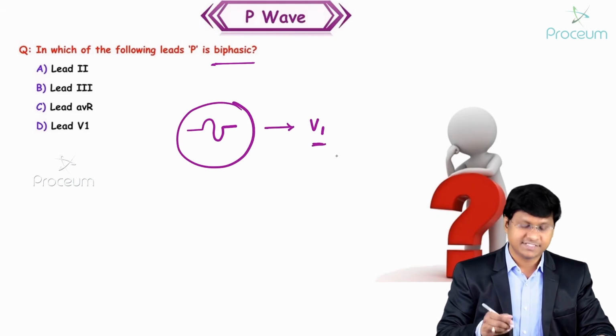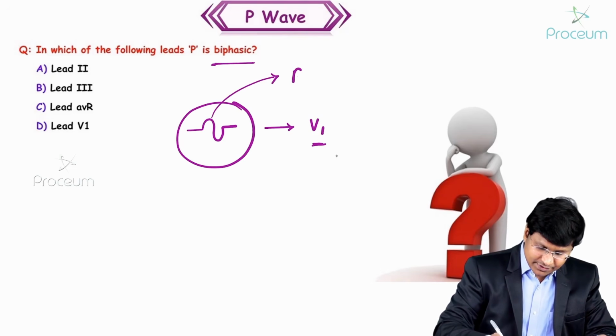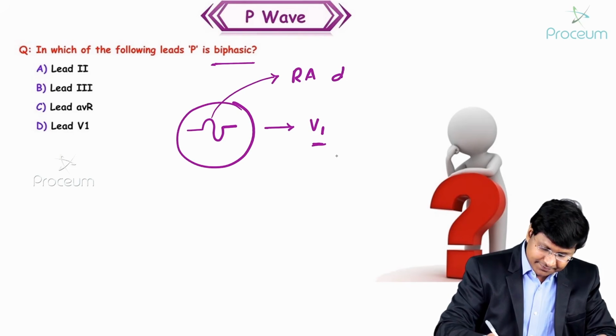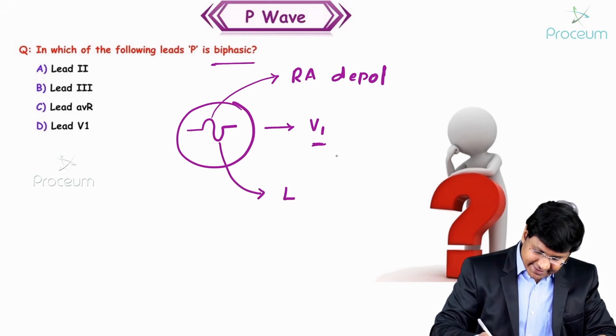In this biphasic P wave, the first half represents right atrial depolarization. The second half represents left atrial depolarization.